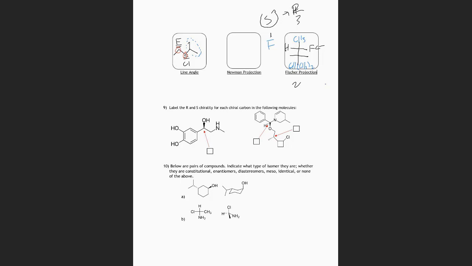Now let's do the same thing for chlorine. If chlorine's over here, this is going to be 1. This up here is going to be 2. This is going to be 3. So that's R, but because hydrogen is on the side, it's going to be flipped to an S. So chlorine is going to go right there. Okay.